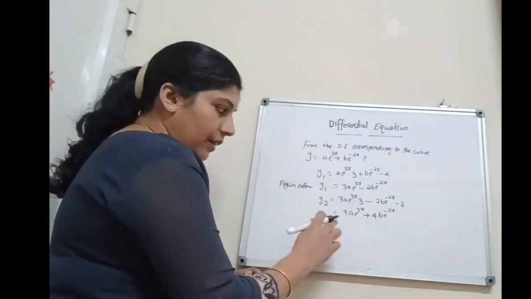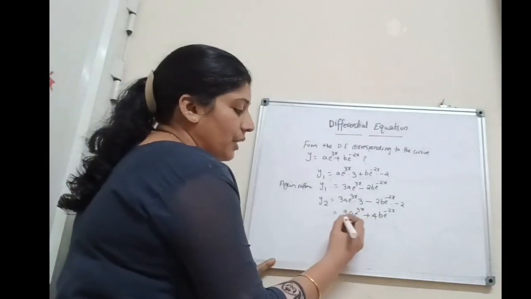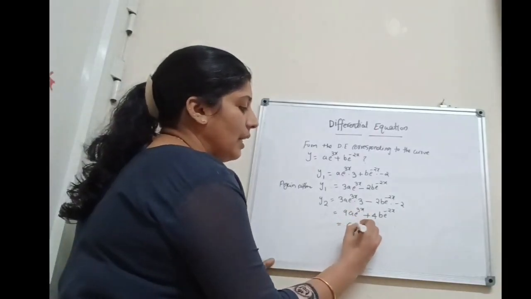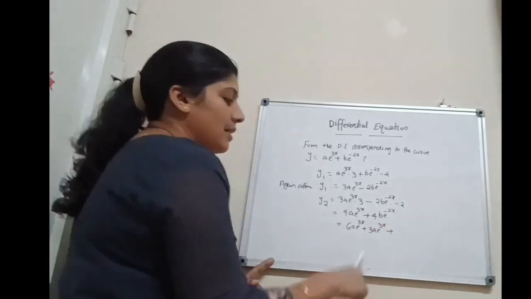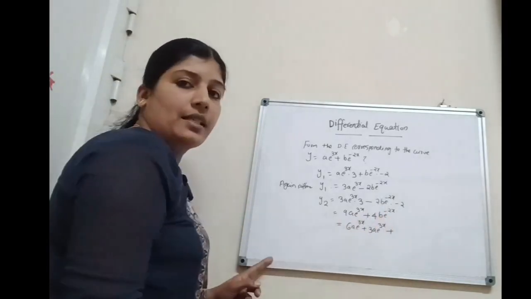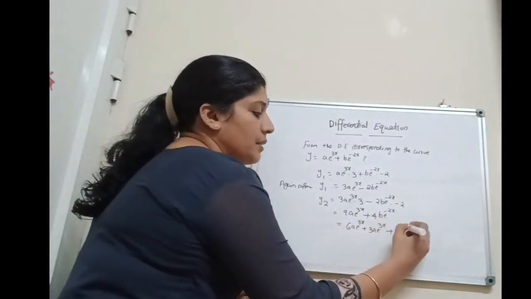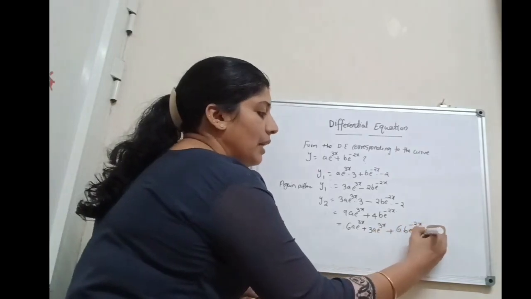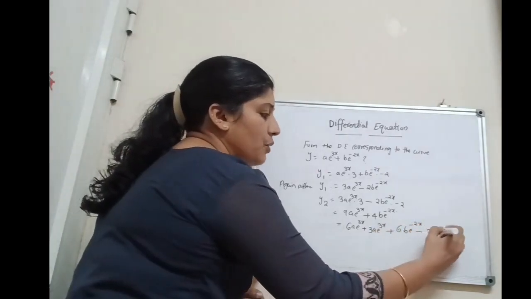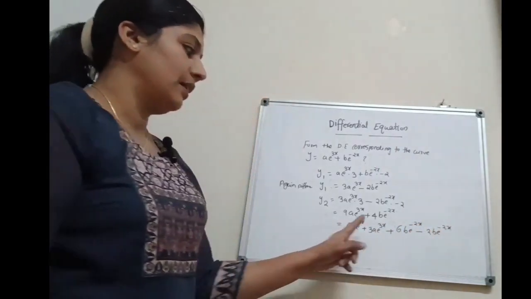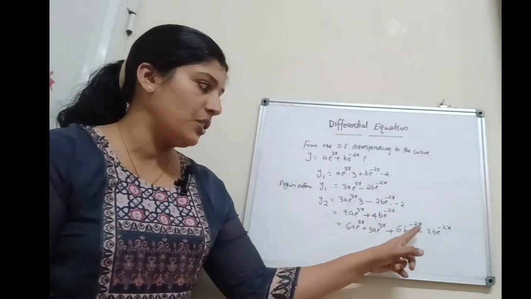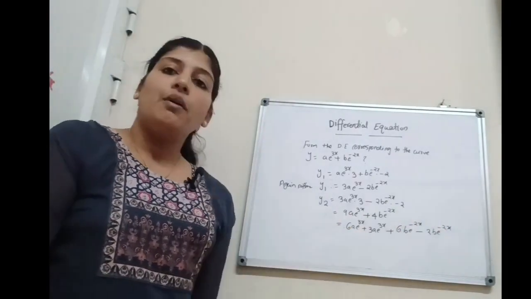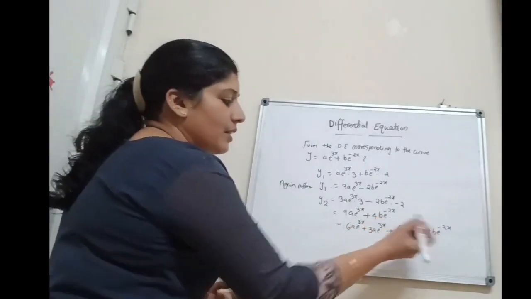How can we eliminate? We consider 9a e raised to 3x, which can be split into 6a e raised to 3x plus 3a e raised to 3x. Next, 4b e raised to minus 2x can be written as 6b e raised to minus 2x minus 2b e raised to minus 2x. Next, we arrange these terms.